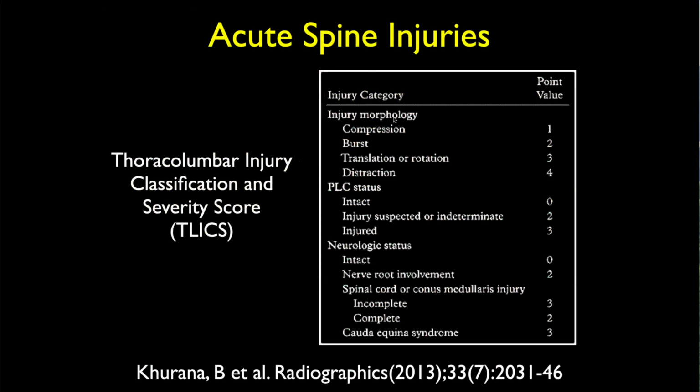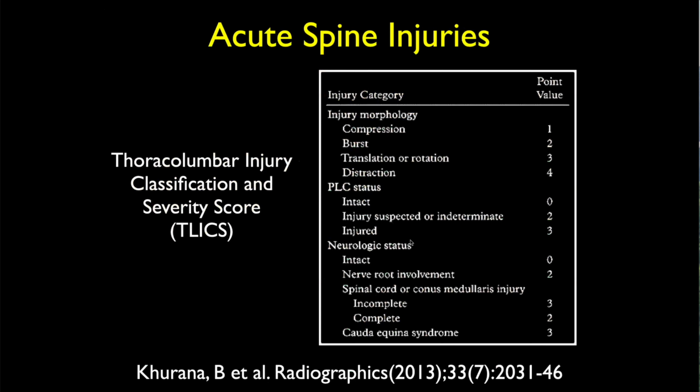So you can look at the image morphology, whether it's a compression fracture, a burst fracture, translational rotation, or distraction. Each of these is progressively worse and gets progressively higher numbers. PLC strain: you can look and see whether it's intact, whether it's injured, or whether it's definitely injured, and then you get different numbers there.